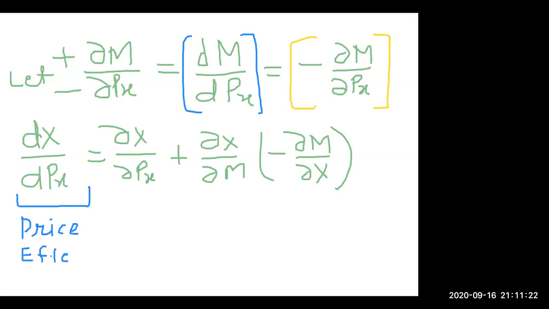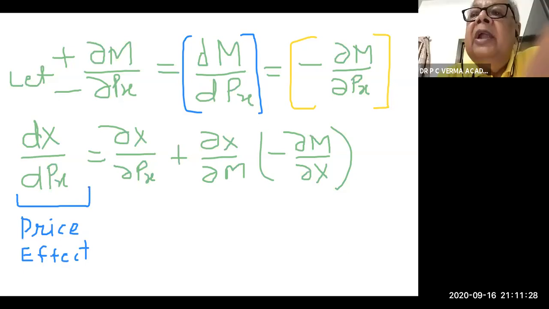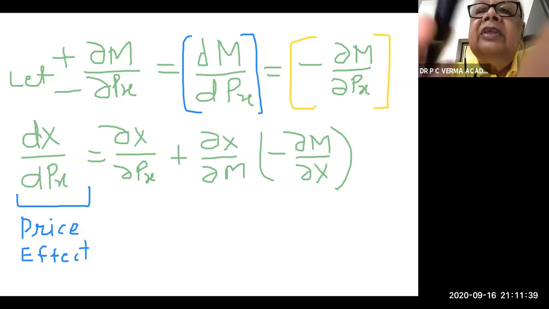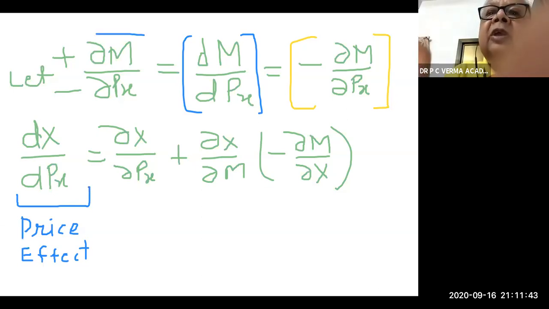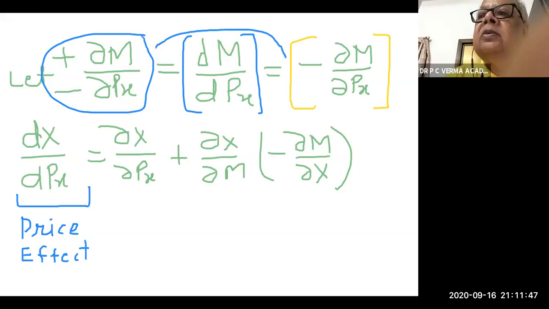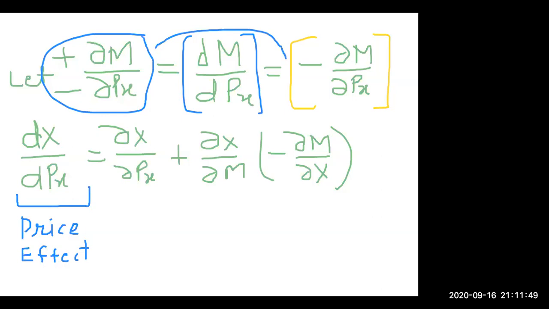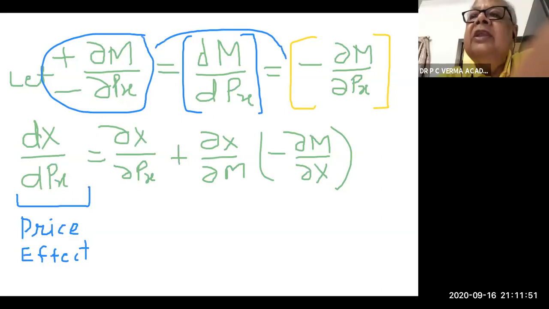Sir, here it is minus del m by del x. dm by dpx is the main thing which we have changed: if price falls, then money income rises, and then this one will be represented by this one, plus minus minus.